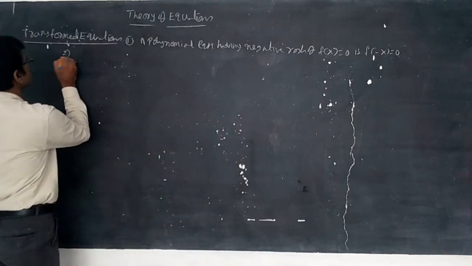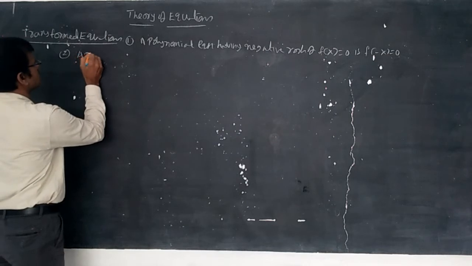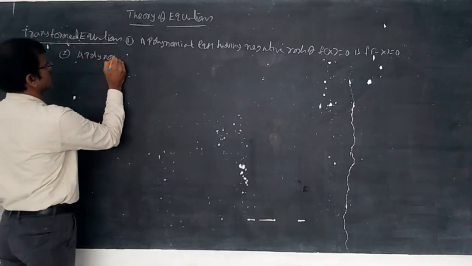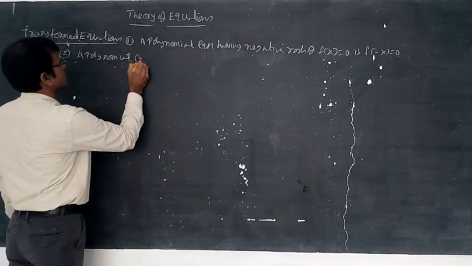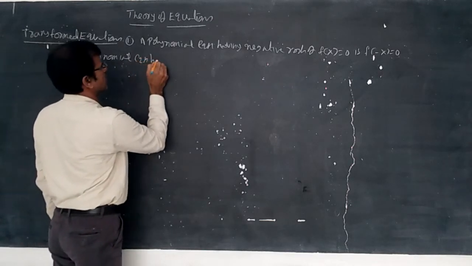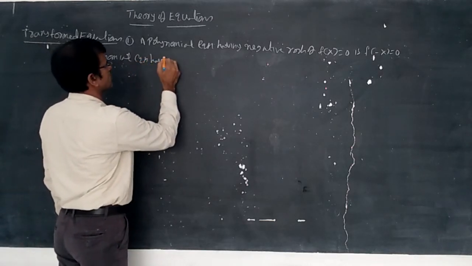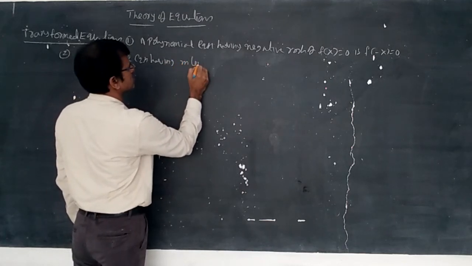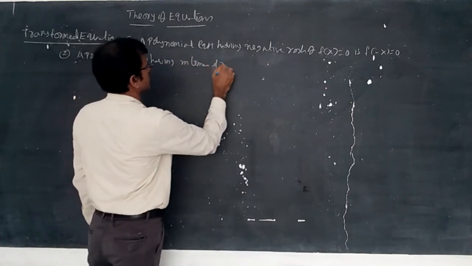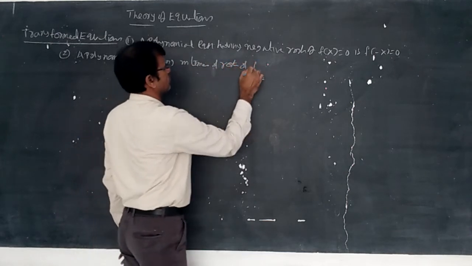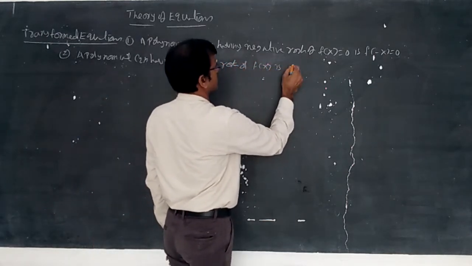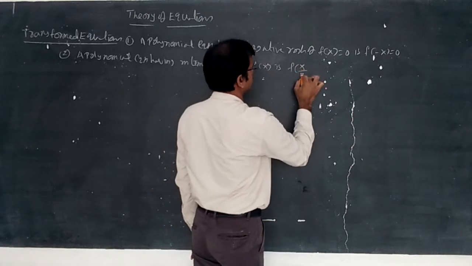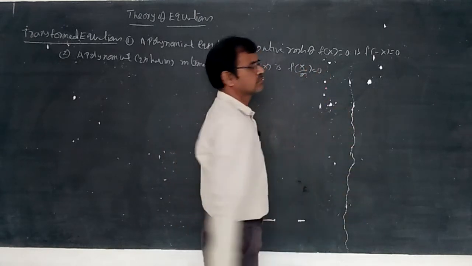Second one, a polynomial equation having m times the roots of f of x is f of x by m equal to 0.